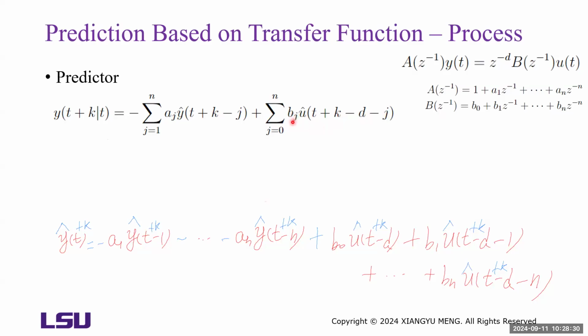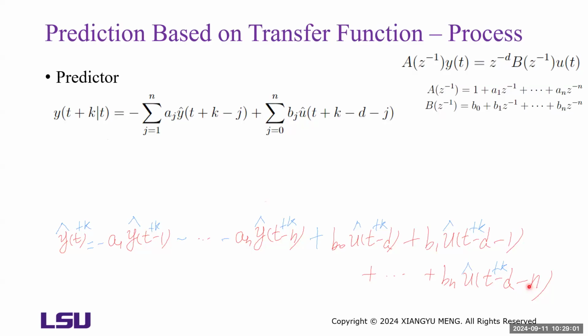The subscript j and the argument of u, the sum of the two, will be t plus k minus d. So for 0 it is t plus k minus d, for 1 it is t plus k minus d minus 1, and the last one will be bn, with t plus k minus d minus n.